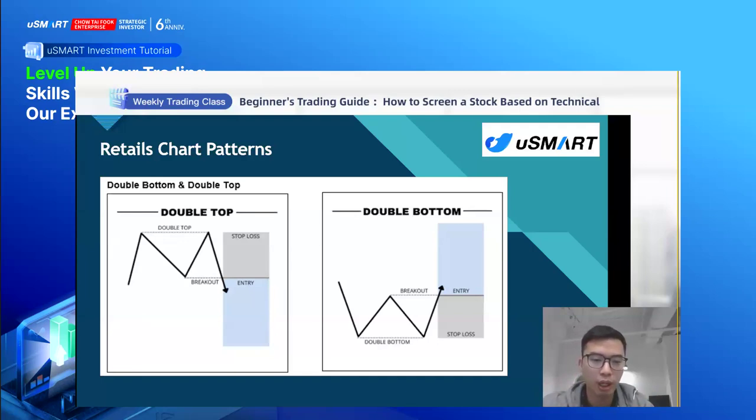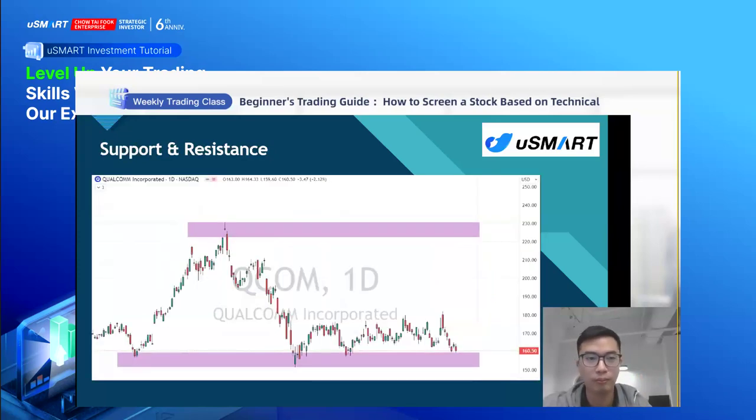If you use retail chart patterns, you'll find that in the long run, you end up with a not very good winning rate. But because we are introducing basic technical analysis, we just learn the basics first. So this is chart patterns. If we do technical analysis, we do see chart patterns. And lastly, it will be support and resistance.